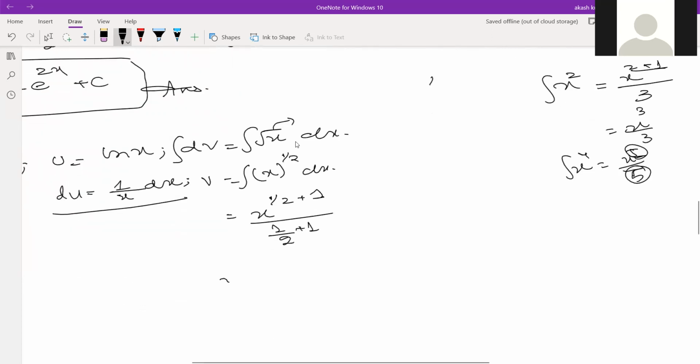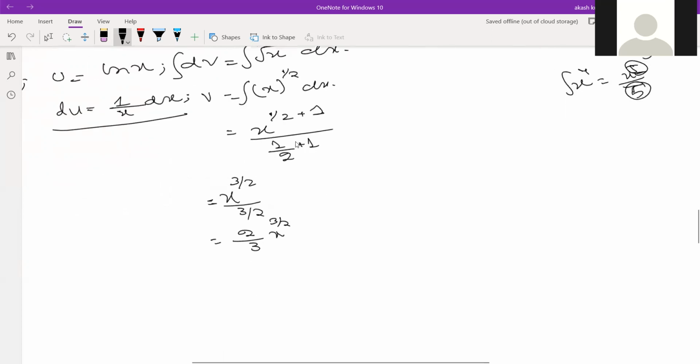So half plus 1 becomes 3 by 2, divided by 3 by 2. Is it clear? If I write this in this form, 2 by 3 x to the 3 by 2, I took the 2 into the numerator.